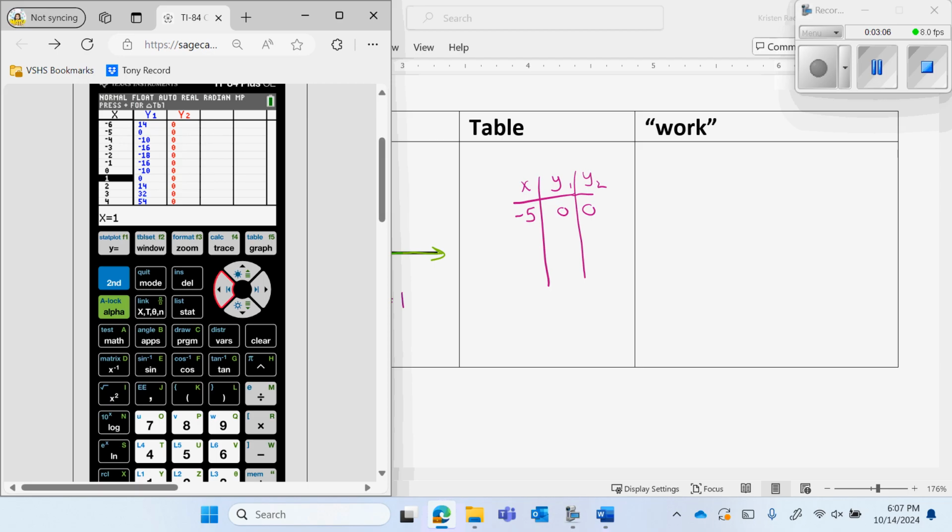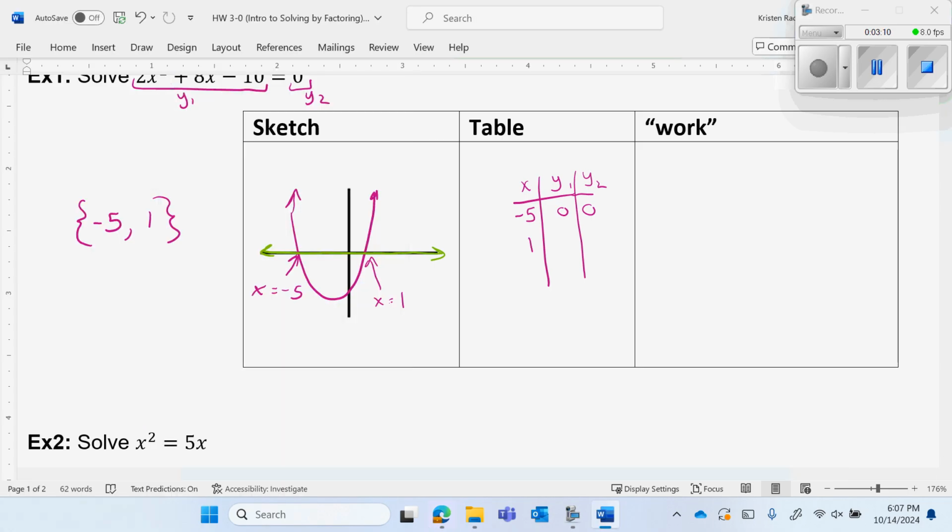And that makes sense because we wanted to have the answers of -5 and 1. Keep in mind that anytime you're equal to 0, you are going to have solutions that are, if they're real, the solutions are going to be your x-intercepts.